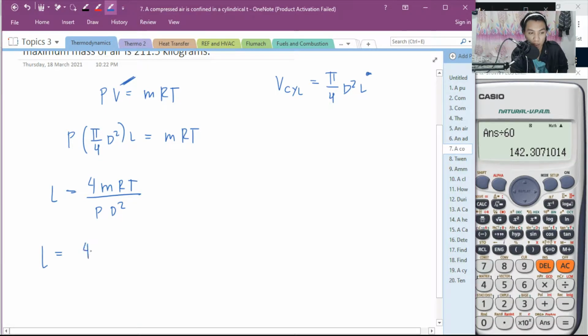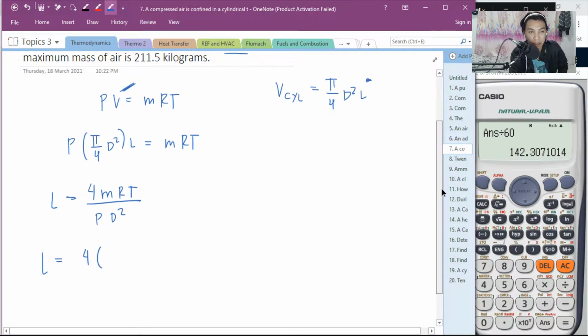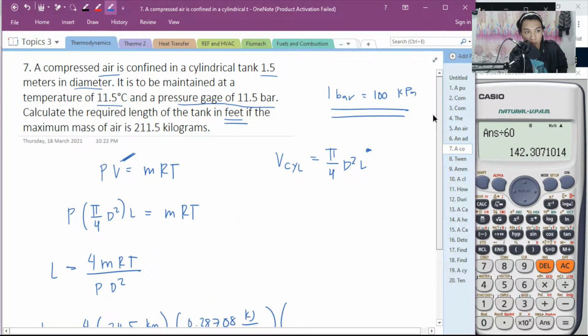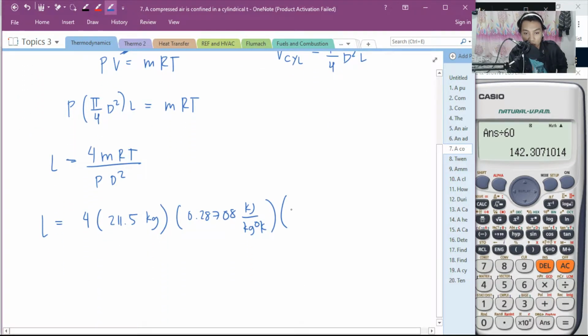L, 4m. Ano ba yung m natin? 211.5 kilograms. Yung R ng air, 0.28708 kilojoule per kilogram degree Kelvin. And then T, ano yung temperature natin dyan na given? 11.5 degrees Celsius, kailangan naka-absolute.